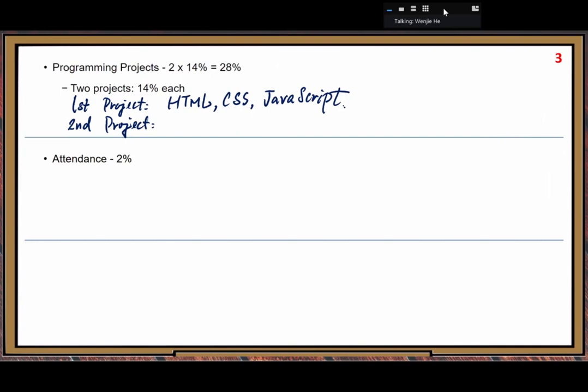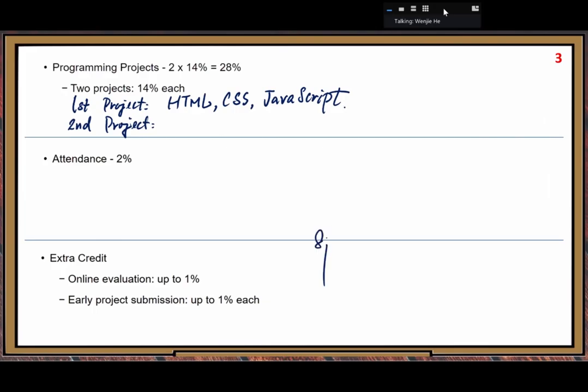And then the last part, extra credit. The online evaluation is worth 1%, but I will use the 80% line. We target 80% of the students in this class. I encourage you to do the online evaluation and pass this 80% line.